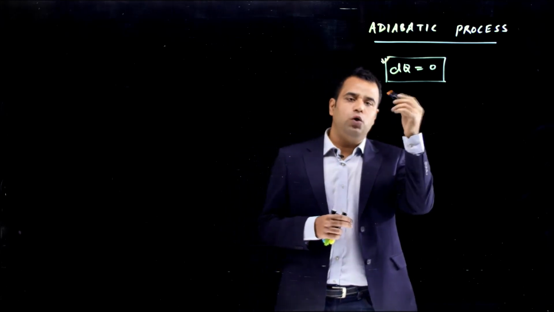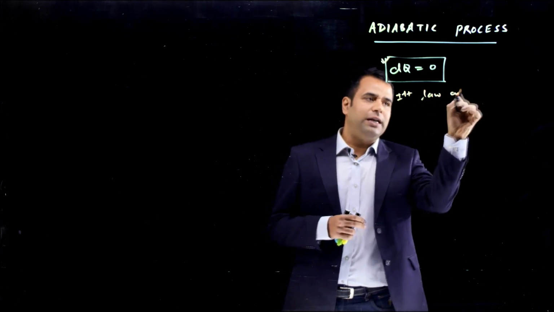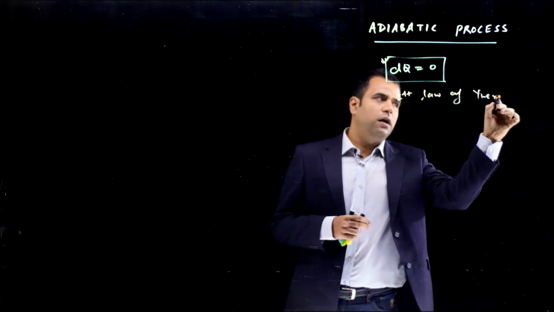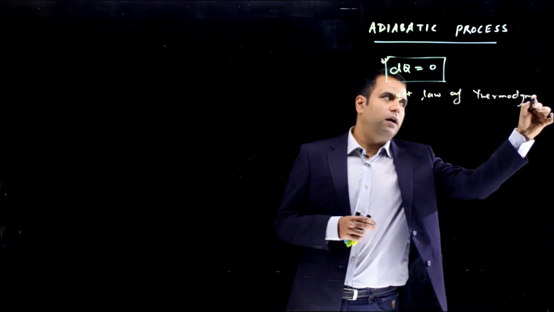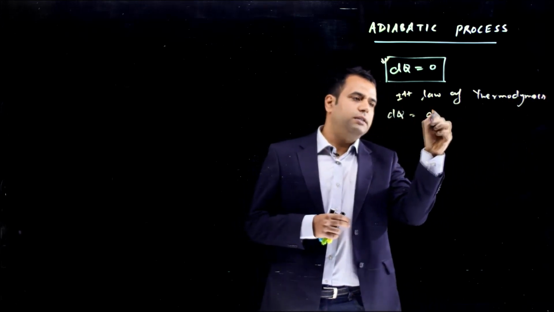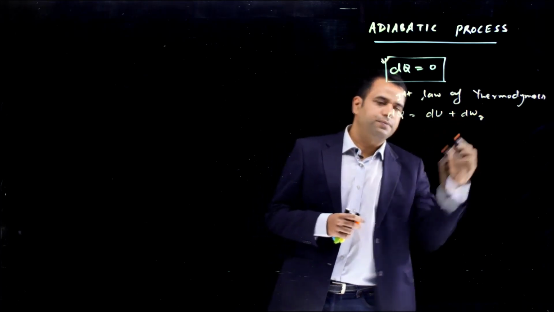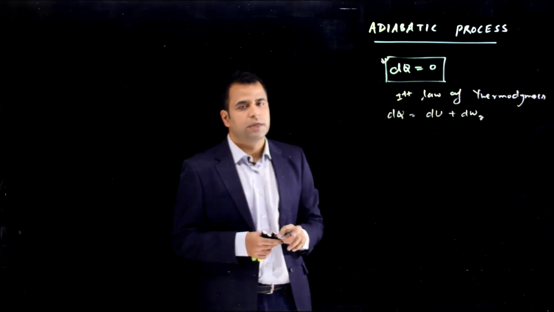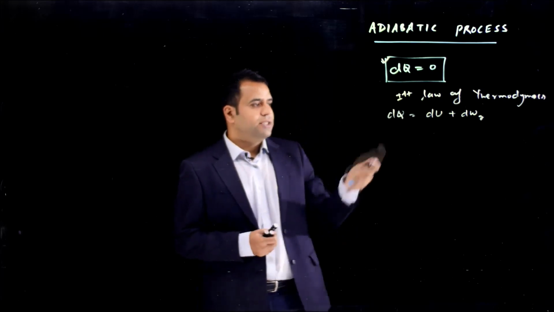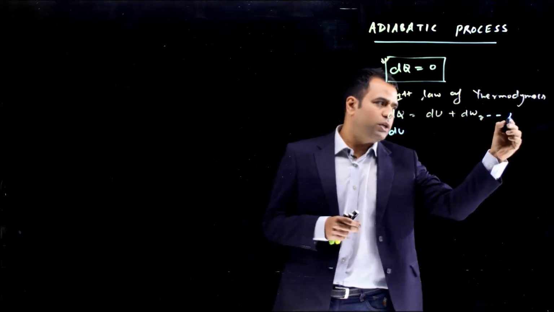What we will do, we'll go by the first law of thermodynamics. If you go by first law of thermodynamics, we'll have dq is du plus dw. So this du and dw, this is my equation 1.